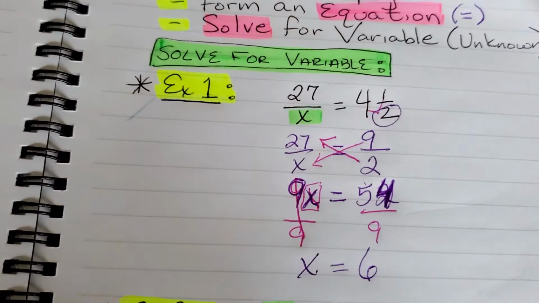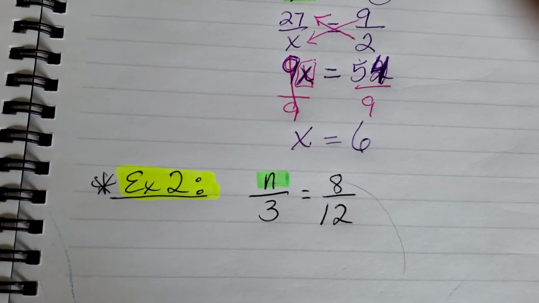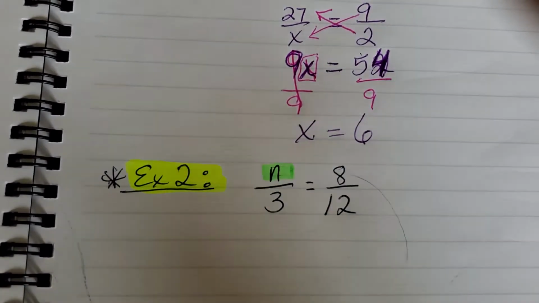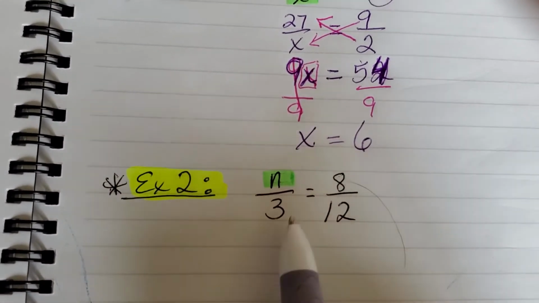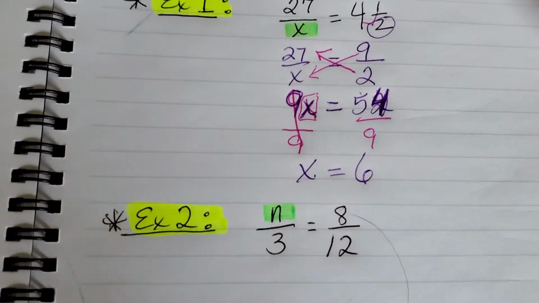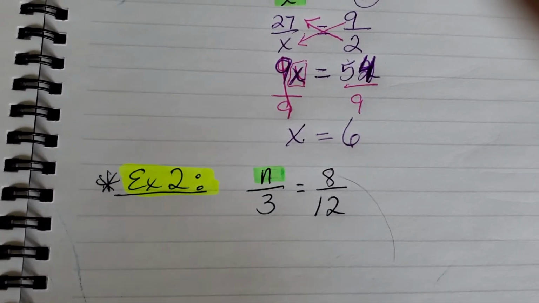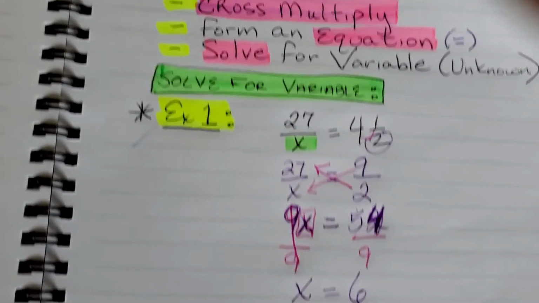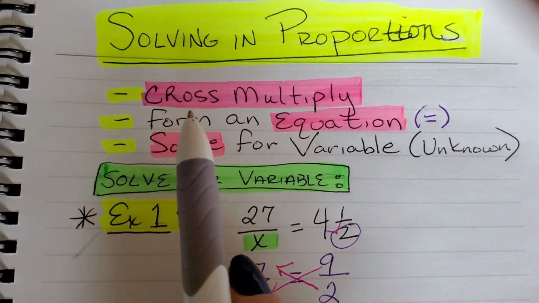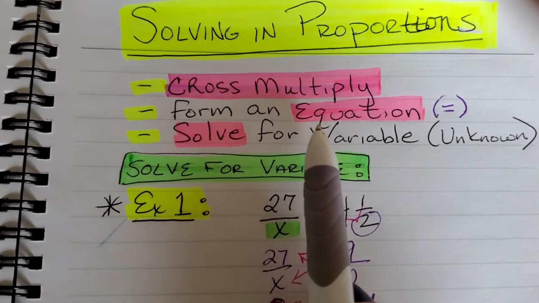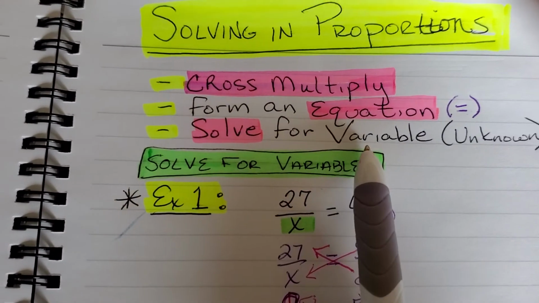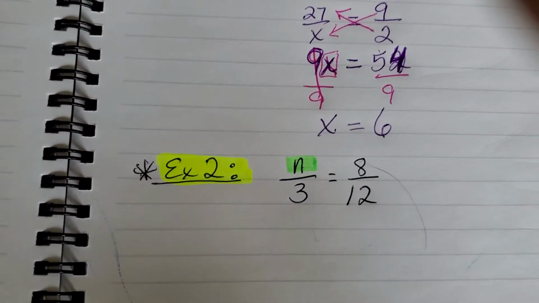So there's our steps. Now for the next one, this proportion is already set up for us as a proportion, 2 equal fractions. And notice, of course, I highlighted my variable. So I'm going to go ahead and start with our rules again. First step, cross multiply, then form that equation, and then solve for the variable. So we're going to follow those same steps.